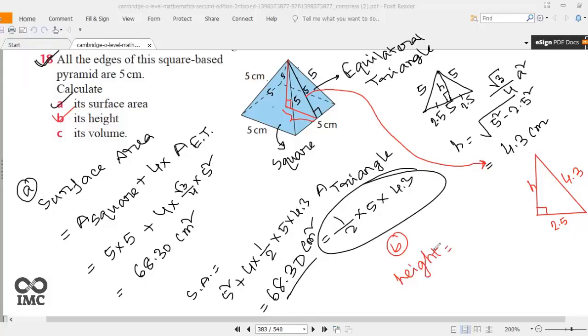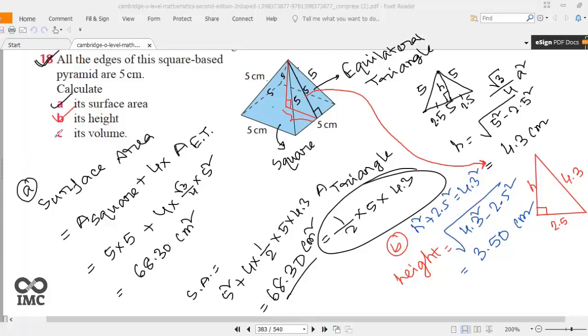By using the Pythagoras theorem: h squared plus 2.5 squared equals 4.3 squared. So height will be root over 4.3 squared minus 2.5 squared. Using a calculator, we easily get 3.50 centimeters.